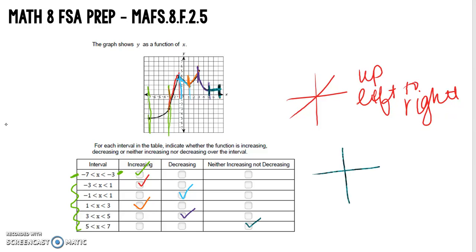So how you know something has no change? If it is a horizontal line, there is no change in the slope. So that would mean that growth has stopped, maybe money's not coming in, something along the lines of those examples, but there would be no growth in that area.